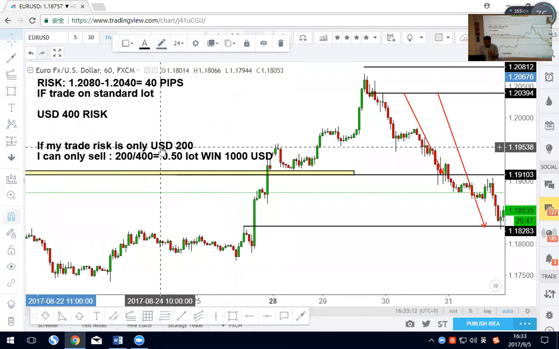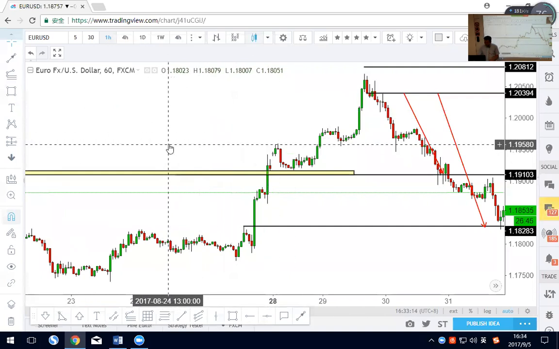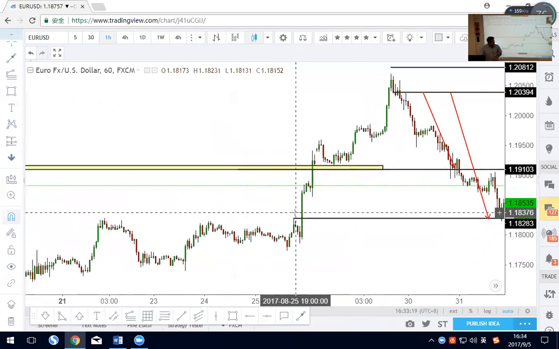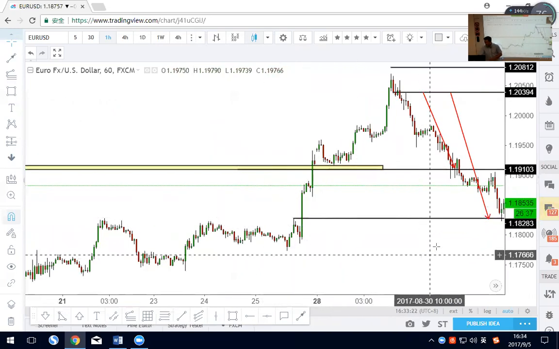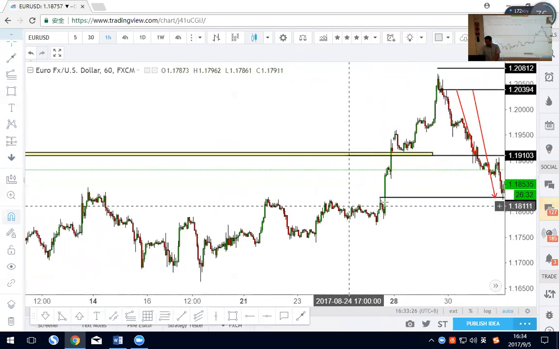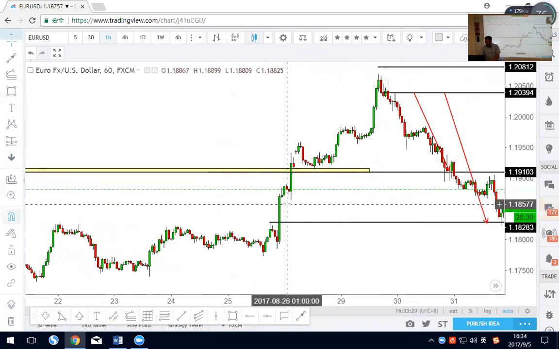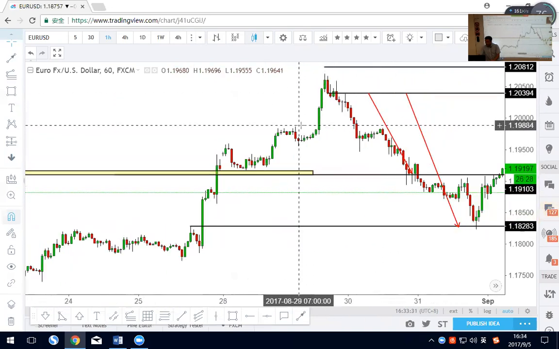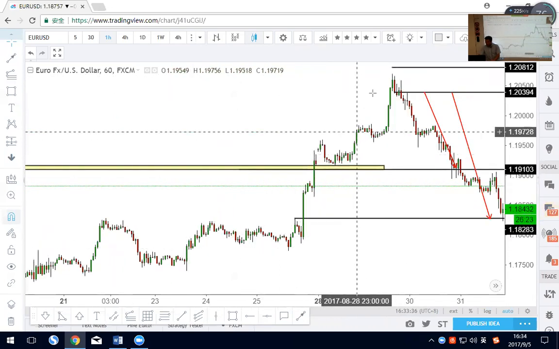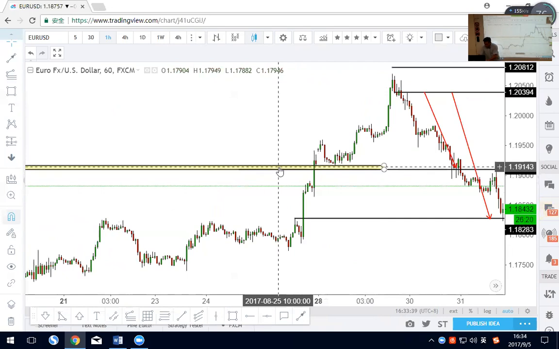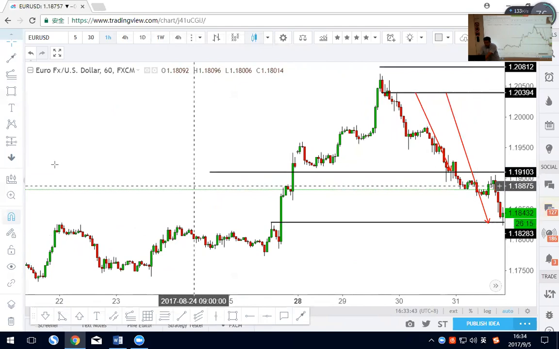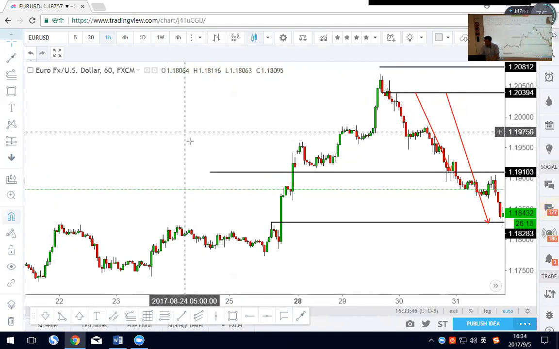All right, and then what you can do. In my Chinese students group, I said we can start to buy euro at 1.1828. Why do we want to start buying from here? Because that is the origin of this bullish move. So we can consider the whole downtrend move a correction of this previous bullish trend. If we want to buy from 1.1828, where is your stop loss, guys?